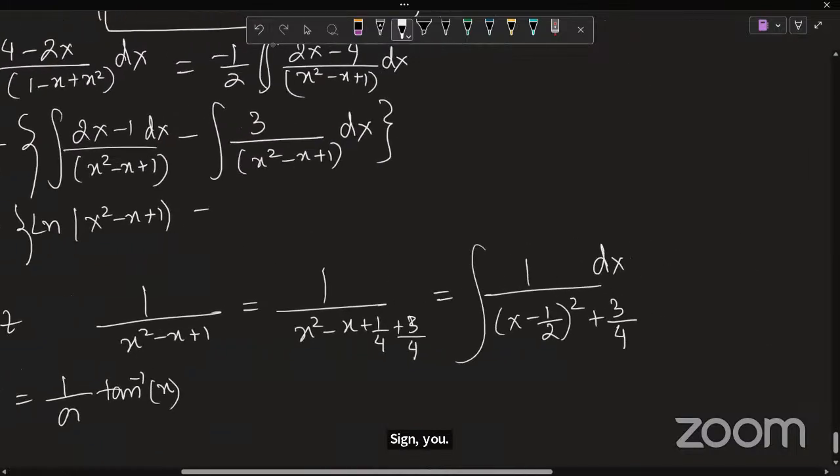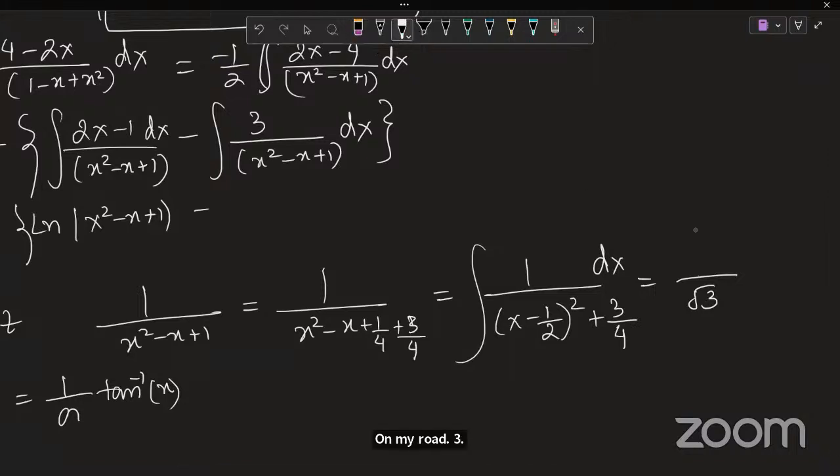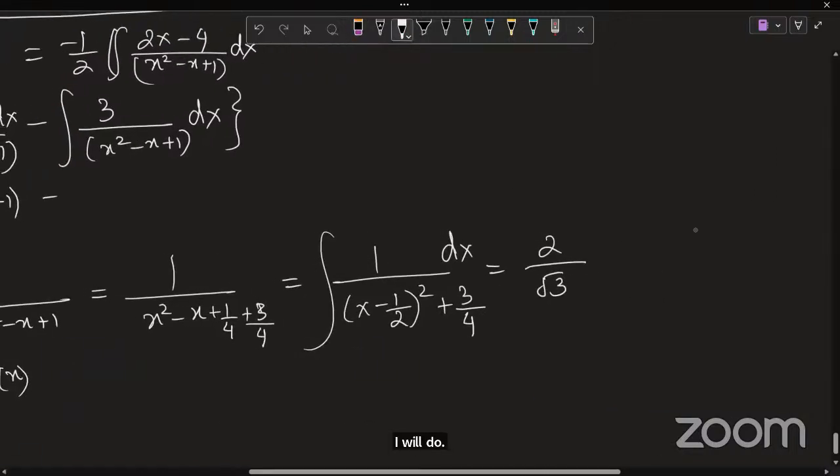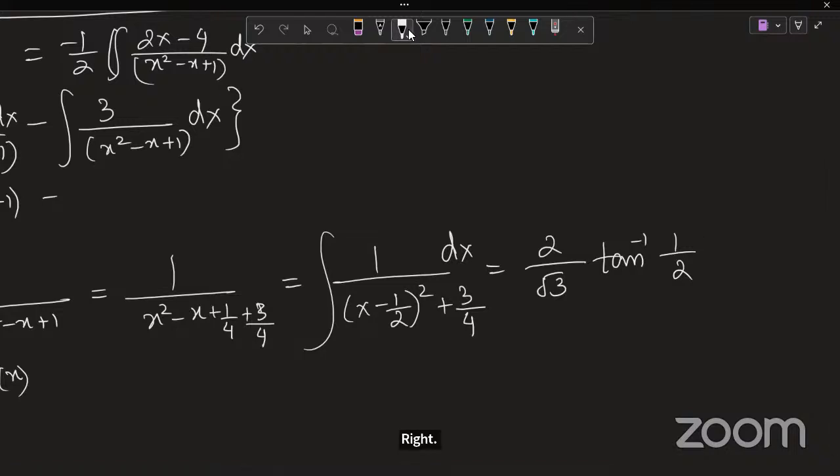Yeah, okay. Similarly, like that, it will be 1 by root 3, and it will be 2. I'm just writing it directly. Tan inverse of x minus half, right? Tan inverse of x minus half.